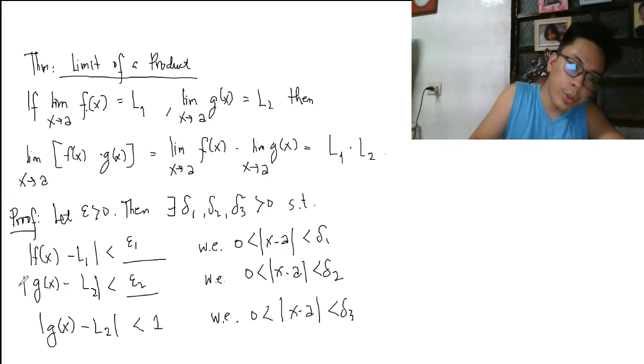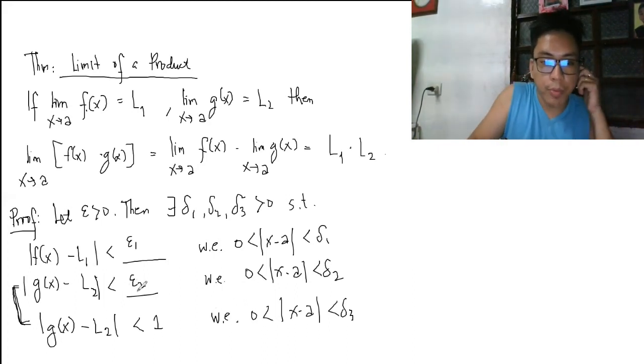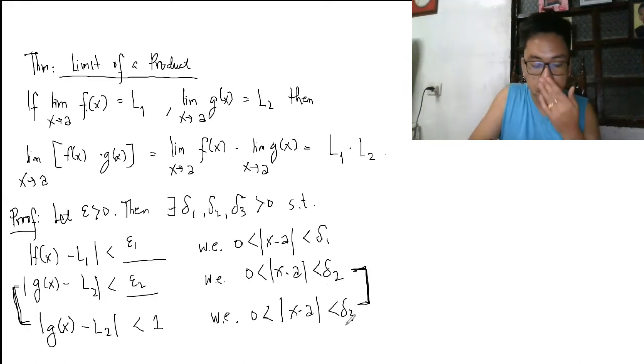So you don't have to worry, this is not actually in conflict with the previous statement, because you cannot assume that epsilon over 2 is 1. Technically, they have different cases here. This is for delta 2, this is for delta 3.